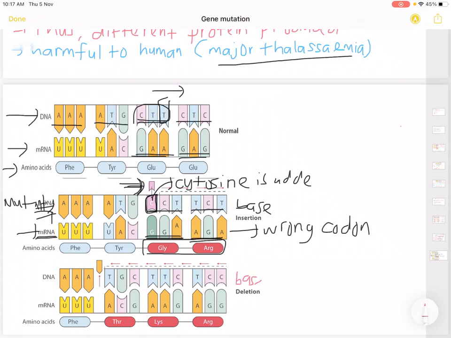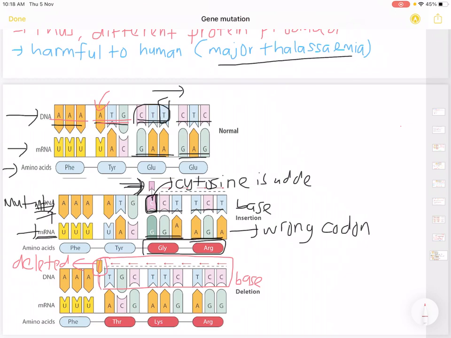When we delete one base pairing ataupun 2 base pairing from the sequence, sebagai contoh, in DNA kita ada AAA, ATG, kita delete this adenine. So, di sini adenine itu being deleted. When the adenine is being deleted, it will shift the entire reading on this DNA.